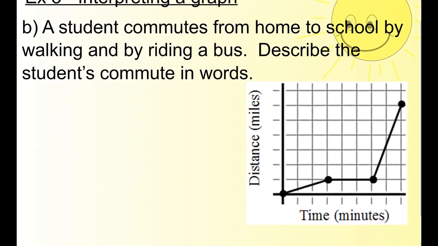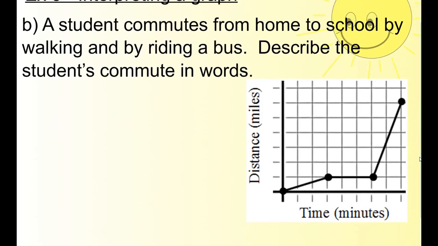Letter B. A student commutes from home to school by walking and riding a bus. Describe the student's commute in words. Okay, so we have time in minutes, we have distance in miles. If we just look at the graph, from here to here, it's increasing. But looking overall at the graph, it's not increasing by very much. So it's increasing slowly.